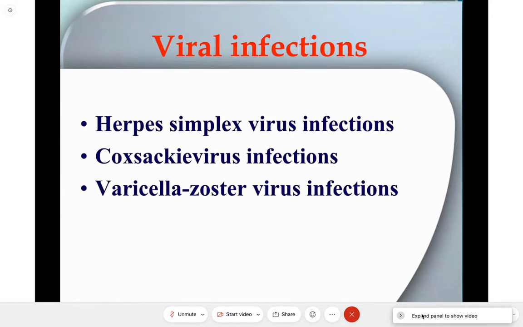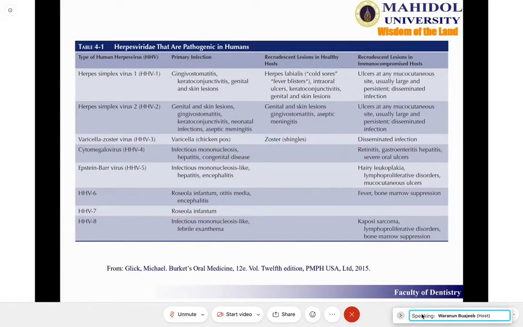Now talking about viral infections. Three viruses that normally cause oral lesions are herpes simplex virus infection, Coxsackie virus infection, and varicella zoster virus infection. You can see from this that all these are herpes viruses that can cause diseases in humans.